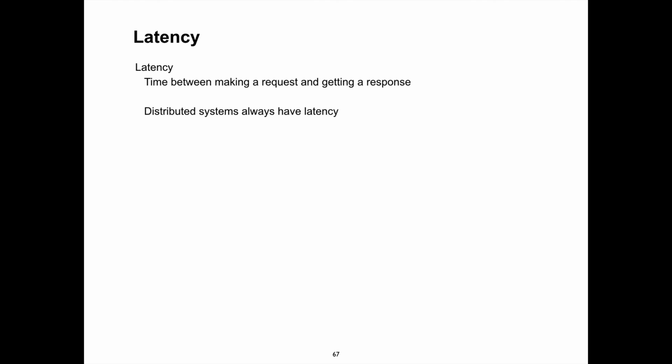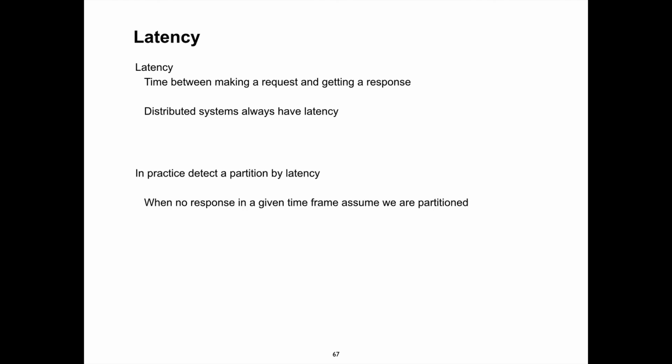And so when we talk about partitioning, what we're really talking about is latency. The latency becomes too high. Basically, a partition is when we're trying to communicate with that machine and the response took too long to come back. And so we can specify that time frame, and when that time frame passes, we assume that they're gone, and then do something else.